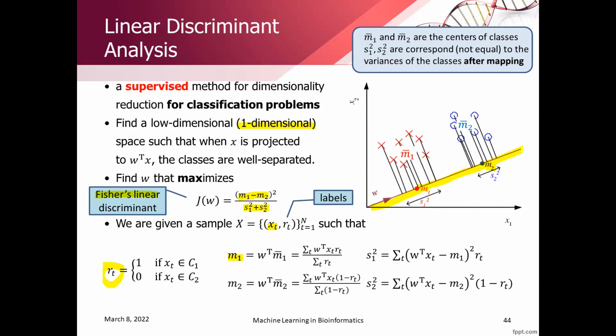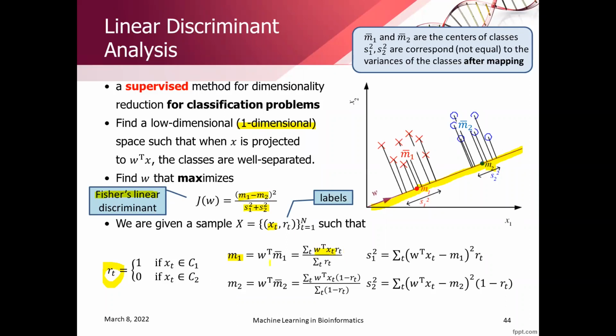So this is a dot product, and this is one value. This will be the coordinate on the line after projecting. So this is the projection of observation x sub t using the vector w, and we multiply that by r sub t.